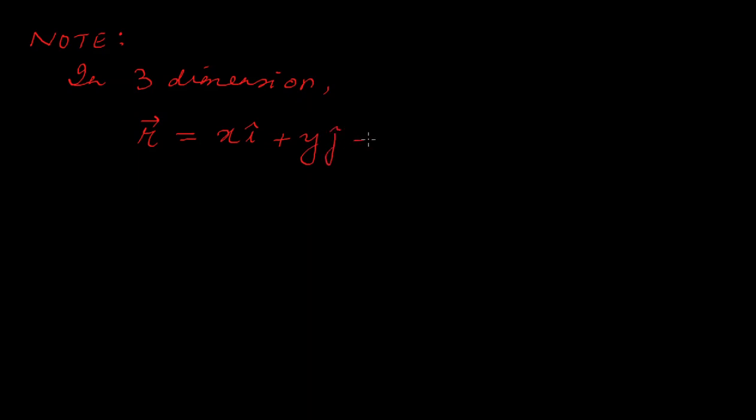As a note, in 3 dimension, the position vector is written as R bar is equal to X I cap plus Y J cap plus Z K cap.